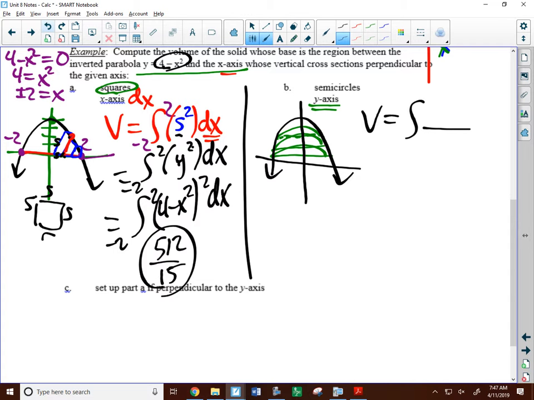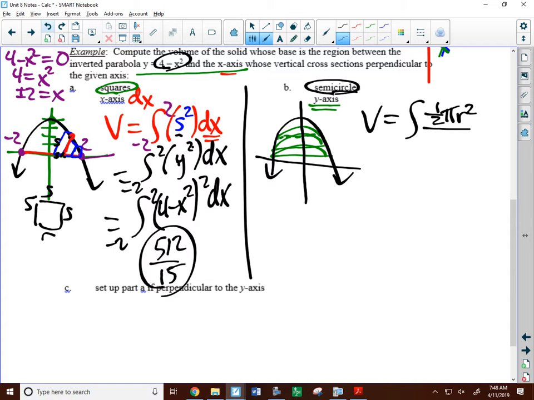What's the area formula for a circle? Pi r squared. So a semicircle is half that. So the formula is half pi r squared, or you could say pi over 2 r squared.